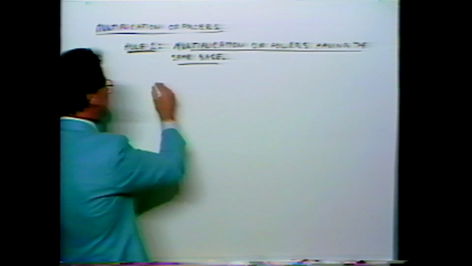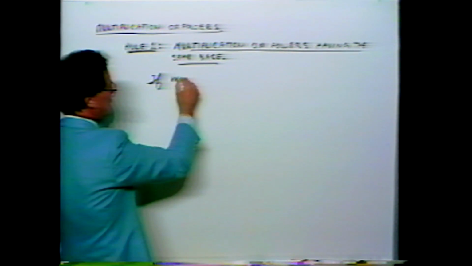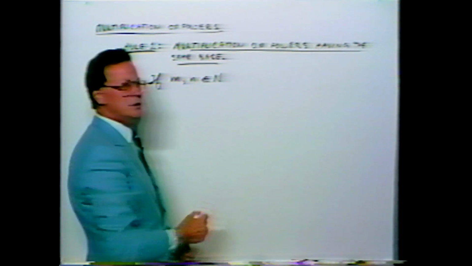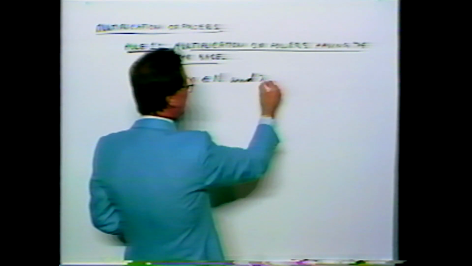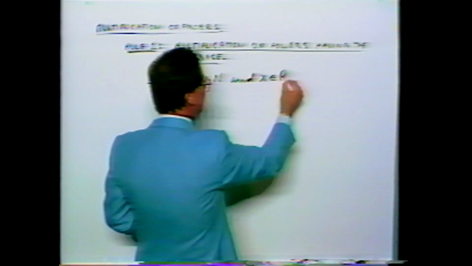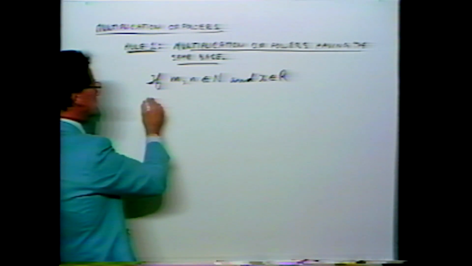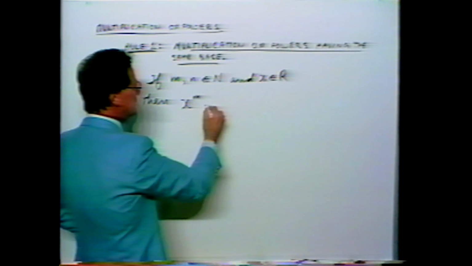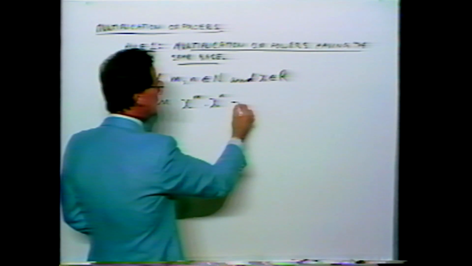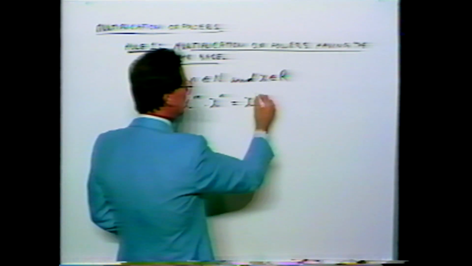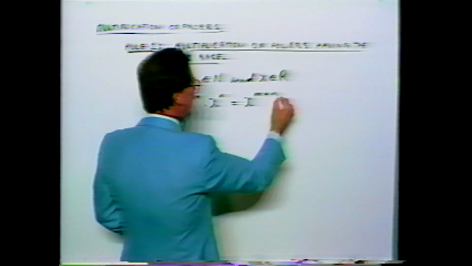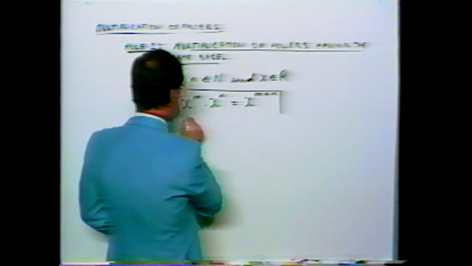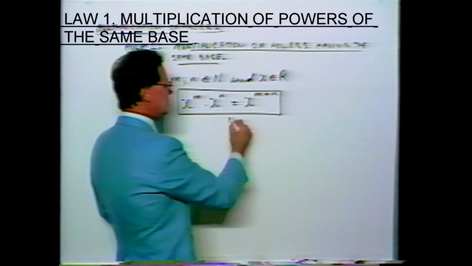If m and n are elements of the natural number system and x is a member of the real number system, then x to the m times x to the n is equal to x to the m plus n. Memorize this rule.